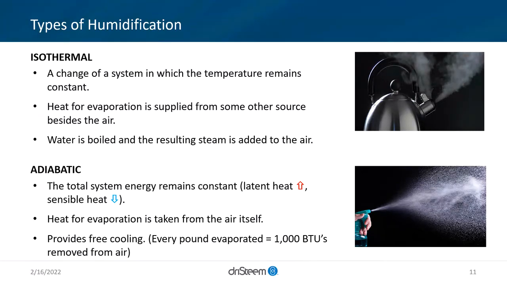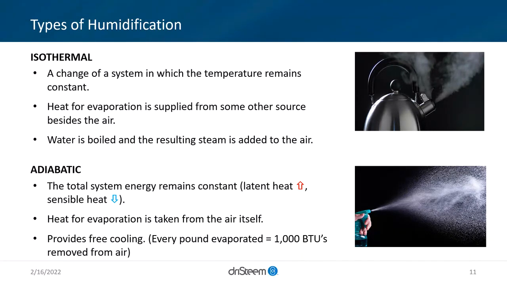And so instead of boiling the water, if it's high pressure atomization, we're going to distribute it into a readily absorbed liquid aerosol, essentially, and have that air come into contact with the water and evaporate. Wetted media, evaporative media solutions will have a surface, the media surface, that will allow that heat transfer to take place. Ultrasonic is another technology in this space for adiabatic, where it's creating a really fine mist or fog that will use that energy in the air.